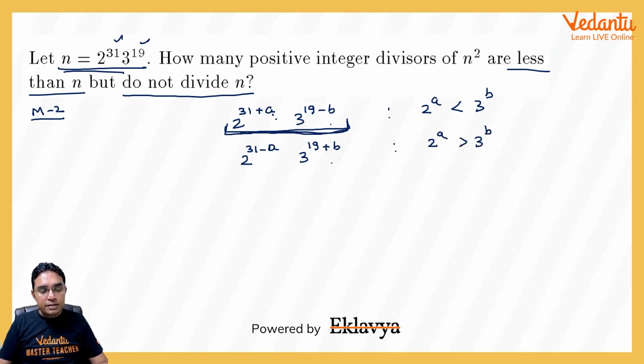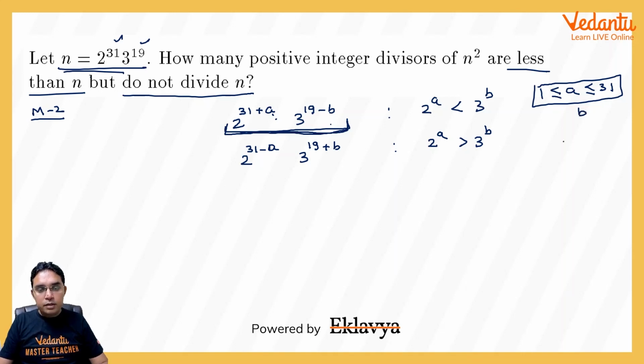Then only this divisor will be lesser than n. Okay, now what are the conditions on a in both the scenarios? Please check. Here a has to be, I think, less than 31, then only it can divide n square, and it has to be greater than or equal to 1. This is the condition for a in first case.